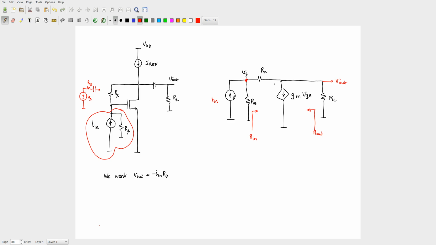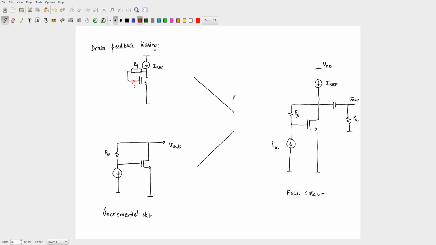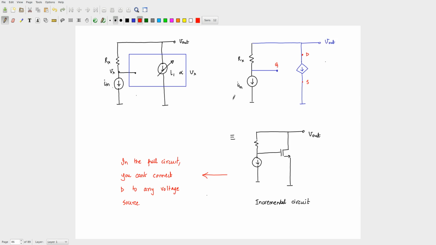Similarly, what about your R out? So you go back to your R out. R out is basically looking in from this side, right? R out will be looking in from here. So assume that you pump in some current into this, and then this voltage goes up a little bit. Or rather, you apply a test source. So say you increase this thing by some delta V. What will happen?